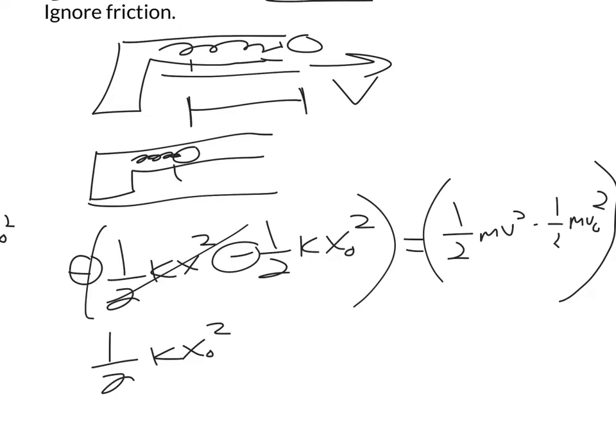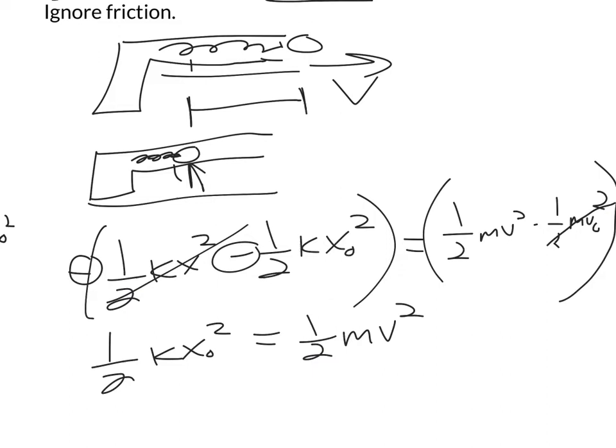I'm also going to make an assumption here that when the ball is held onto the spring before we pull the trigger, its initial velocity is 0, so that makes this term 0. So the half kx naught squared will be equal to half mv final squared.